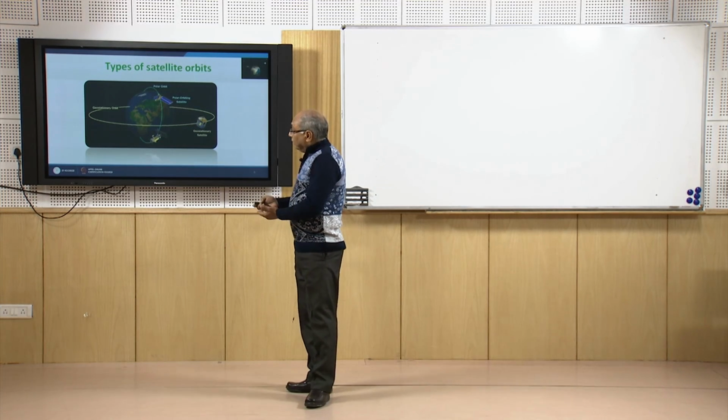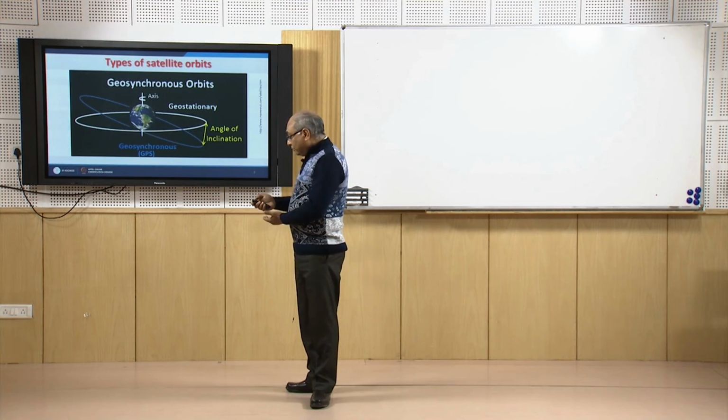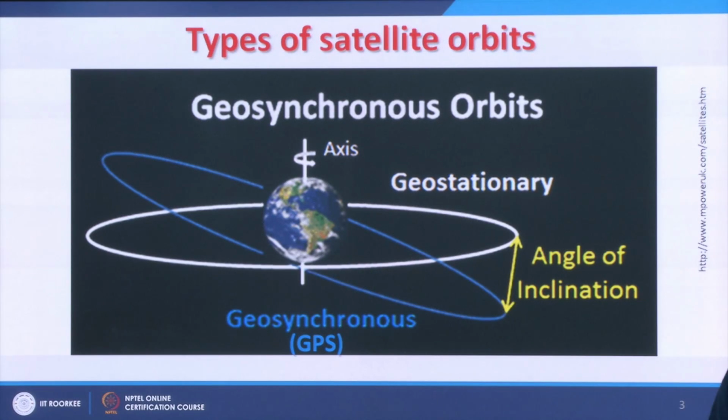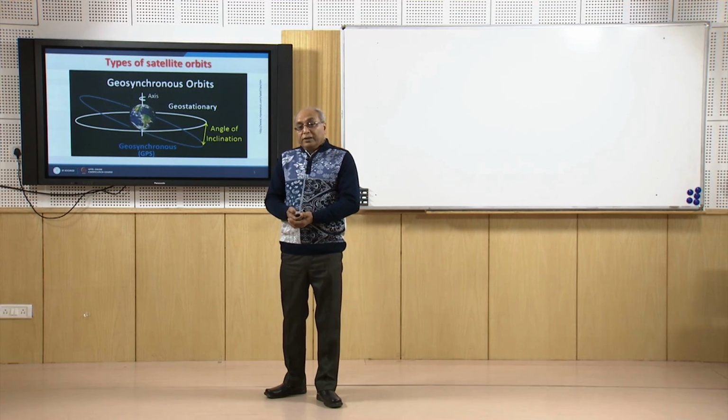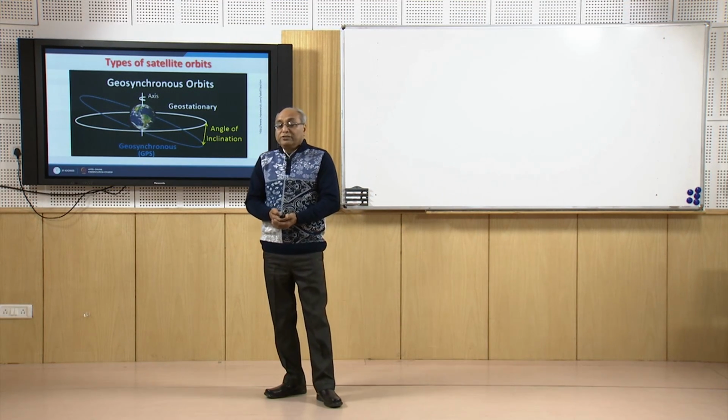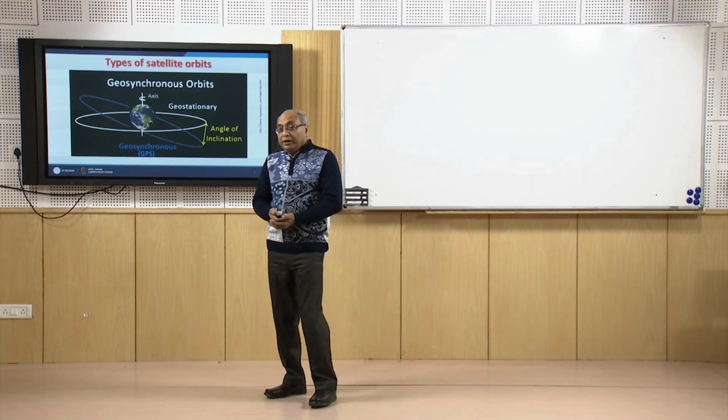But if we bring in the GPS satellites, the typical American Navstar GPS system has satellites in 6 different orbits, at a distance of about 20,200 kilometers.